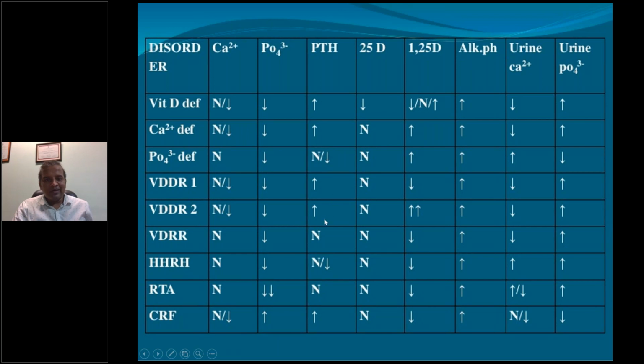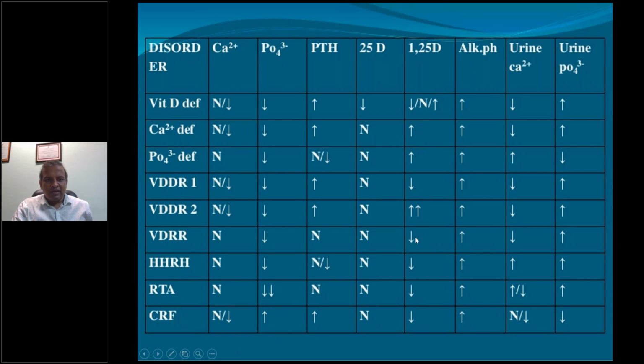Again, it is increased here due to secondary hyperparathyroidism, and 25 vitamin D levels are reduced in vitamin D deficiency but normal in the rest. The 1,25 hydroxylated vitamin D levels are increased in these diseases. In vitamin D deficiency it can be anything, normal to increased to decreased, but in calcium, phosphate and other vitamin D resistant disorders, it will be increased.